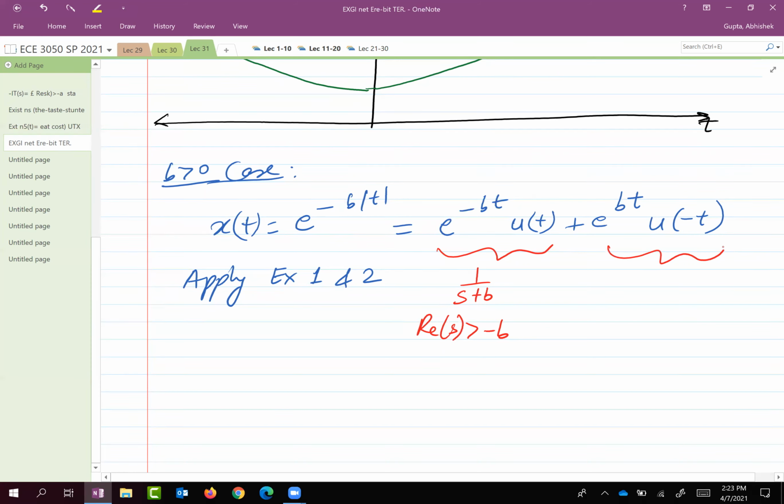For this case, the Laplace transform is negative 1 over s minus b. Okay, there is a question in the chat box. Let me get to that question in maybe a couple of minutes. And here the region of convergence is real part of s less than b.